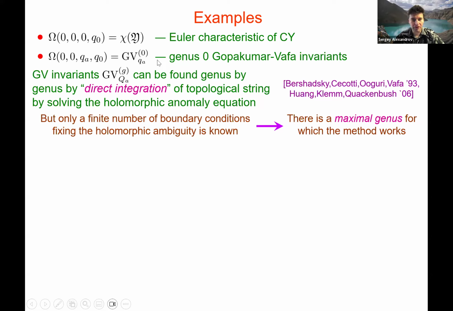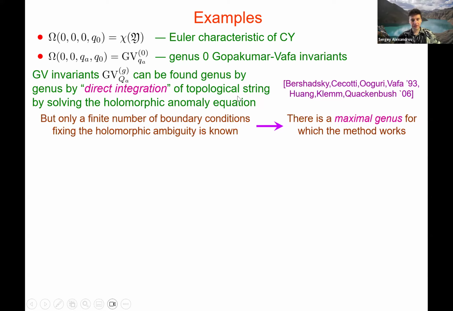You know that these Gopakumar-Vafa invariants can actually be defined for arbitrary genus, and they can be found from the topological string partition function associated with the Calabi-Yau threefold. They can be found by solving this topological string theory using, for example, the so-called direct integration method, which is based on solving the holomorphic anomaly equation satisfied by the topological string partition function.